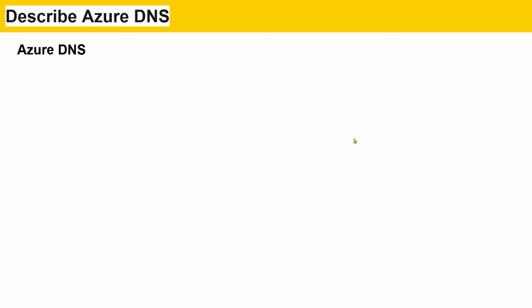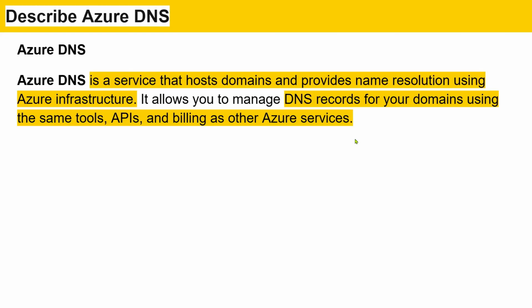Now what is Azure DNS? Azure DNS is a service that hosts domains and provides name resolution using Azure infrastructure. So for example, I have a domain, let's say automate-with-rakesh.com. That is a domain name.